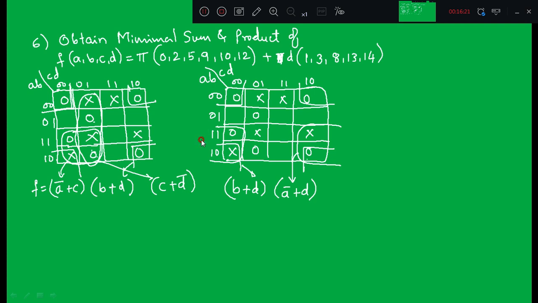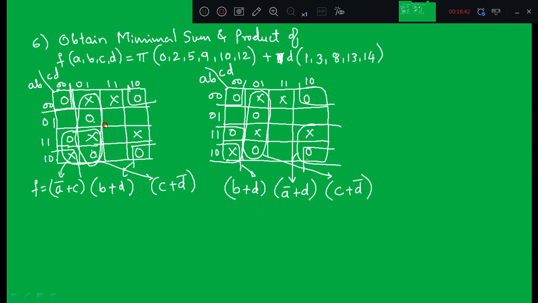Okay, correct it is. Okay, next, these 4 corner grouping. Next, and these two zeros can be covered with this, right? So what is the expression? It is C plus D bar, right?